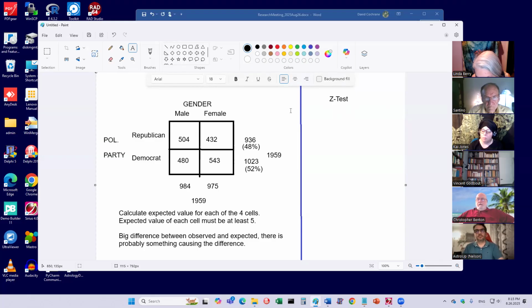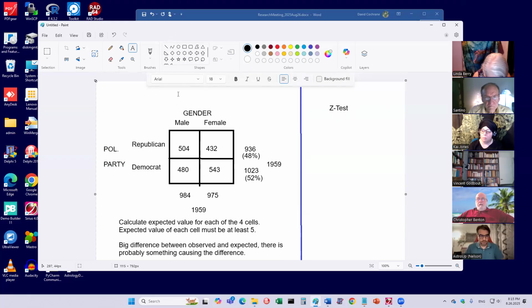You can also do a one-tail test, which I usually do, where for one reason or another, you think one of the percentages should be larger, and so it becomes: is that larger percentage significantly bigger than the other one? There's a more complicated formula for computing your z value to show where the result falls along this normal distribution.